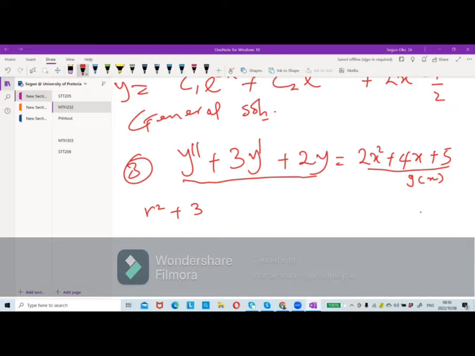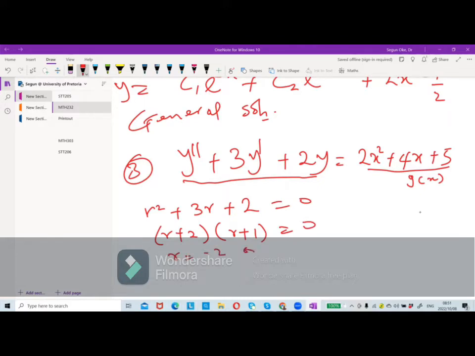When you have 3y prime, it is 3r, plus 2, because our 2 does not have y prime. And everything equals 0. I can solve this quadratically, like I solved the other time: r plus 2 and r plus 1, everything equals 0. Your r is equal to minus 2, or your r is equal to minus 1.